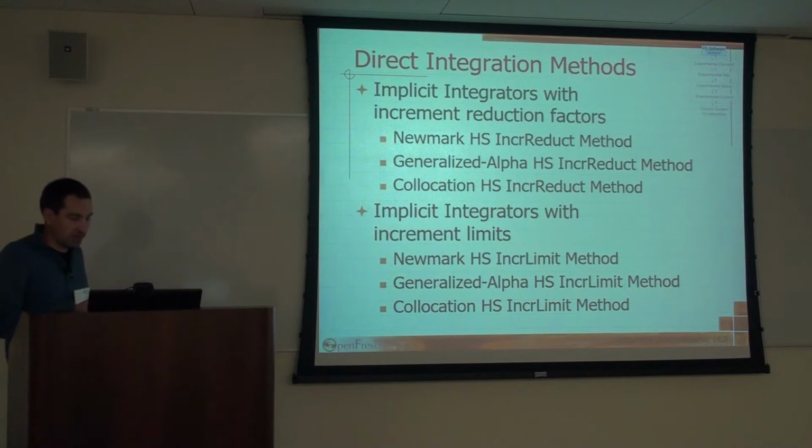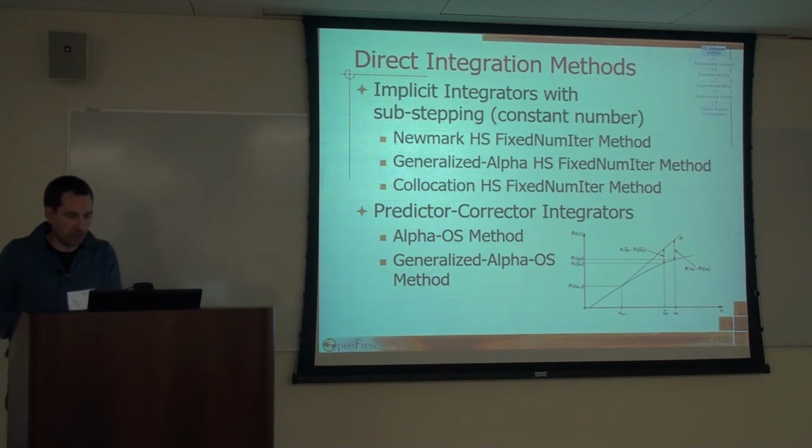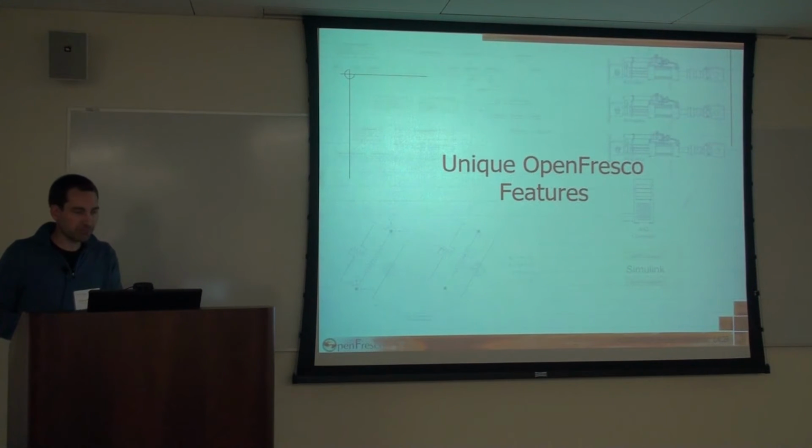But then we also have the specialized ones, which we adapted to make them work with hybrid simulation. There's a Newmark method called HS, and so on, that are available for hybrid simulation. And then we have some operator splitting methods there as well. So all that is available in OpenSees.